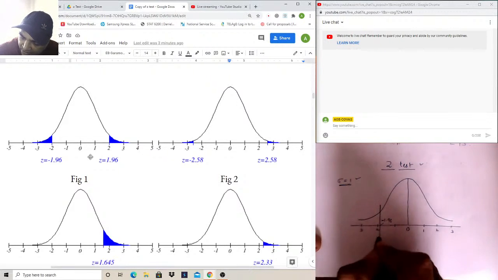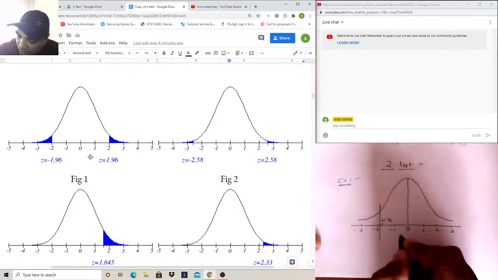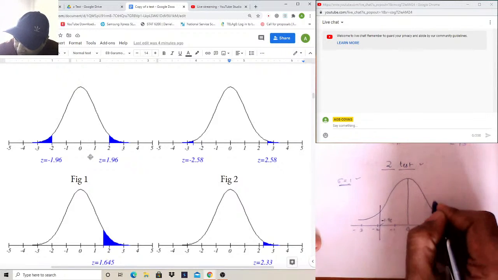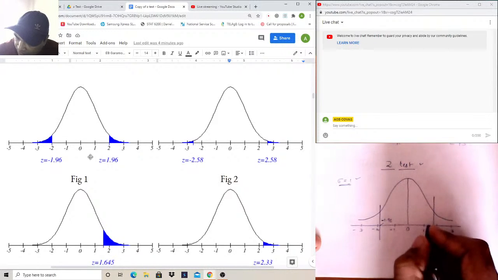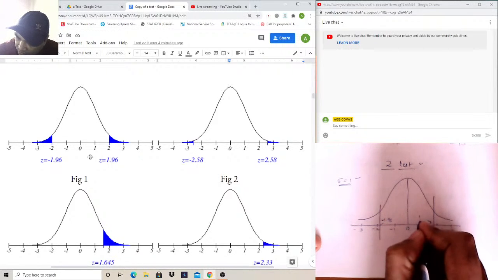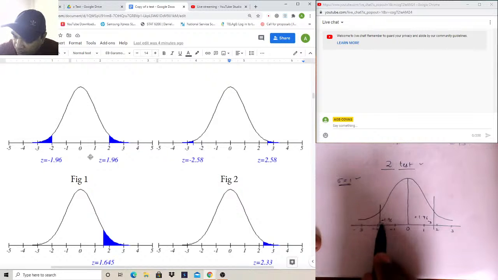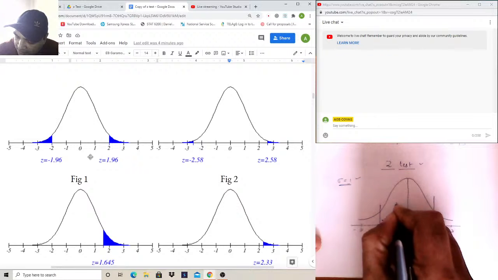On the left side they are minus values, and on the right side these are plus values. So this value will be plus 1.96. Anything between minus 1.96 and plus 1.96 will be accepted.